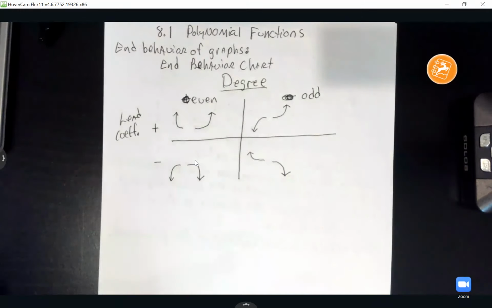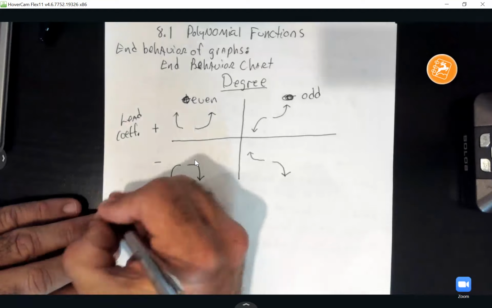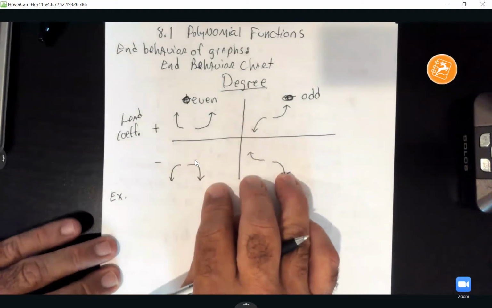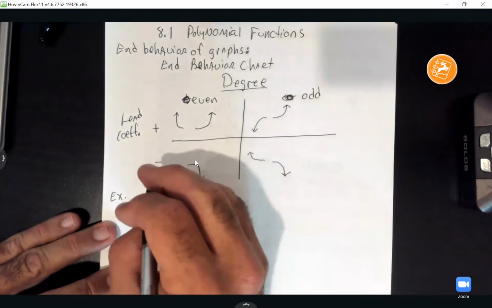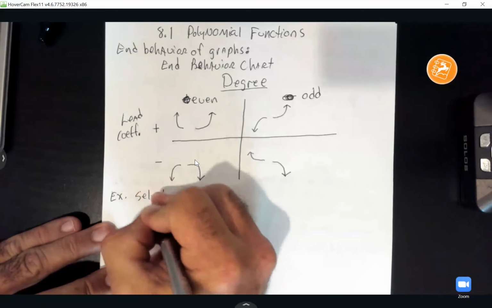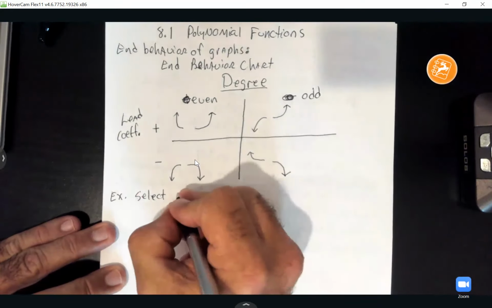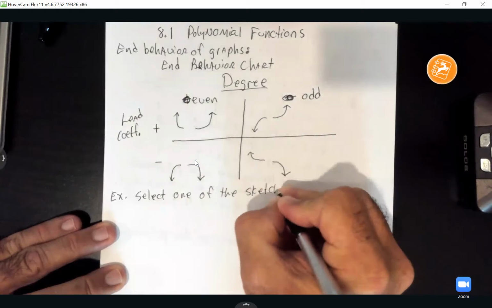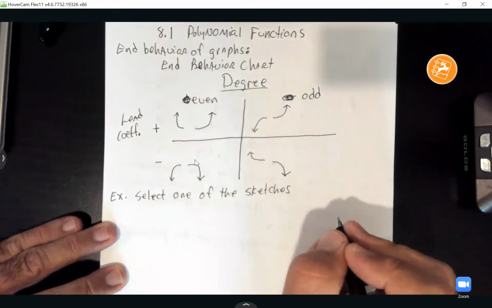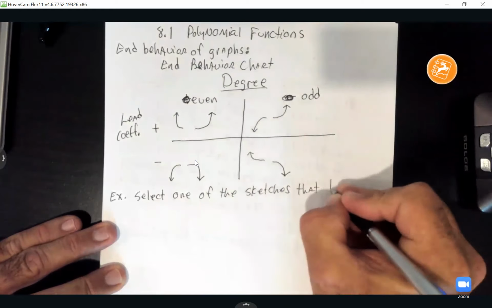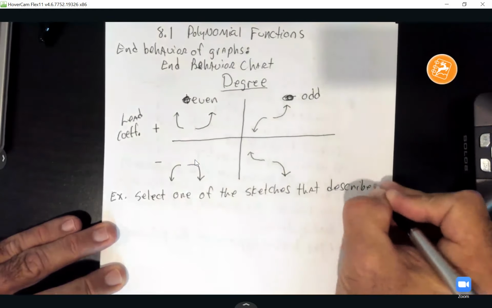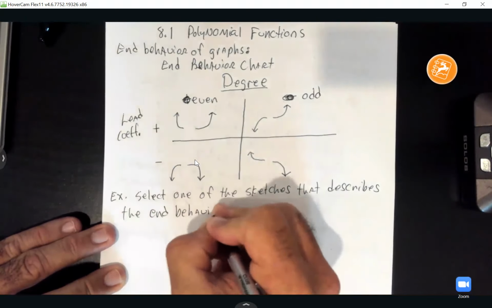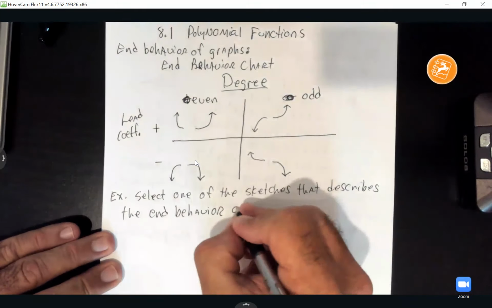Okay. So now on our exercises. Save this chart because you're going to definitely need these, okay? On these exercises, they want us to select one of the sketches that describes the end behavior of the function.